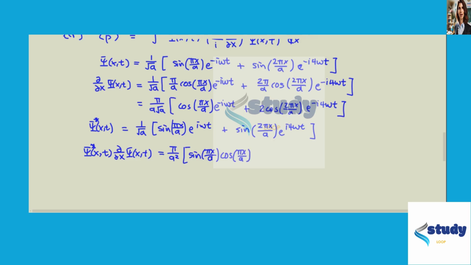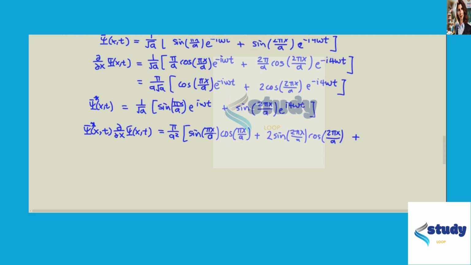We first write down the terms where the exponential terms cancel out, and then the mixed terms. And then we are going to integrate this thing.